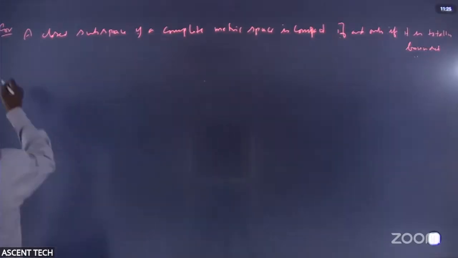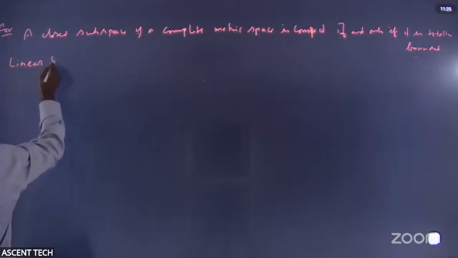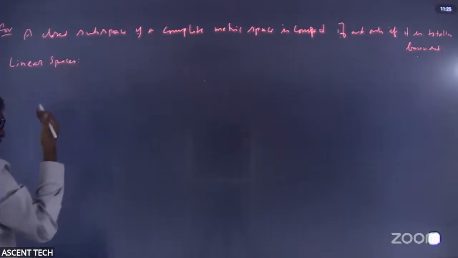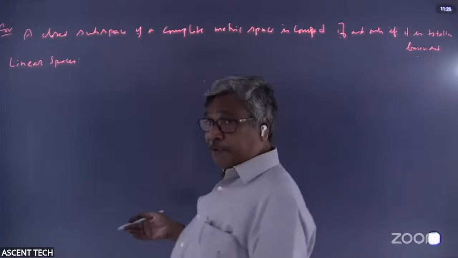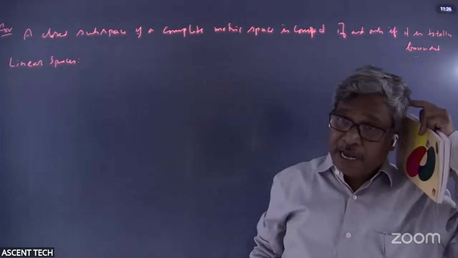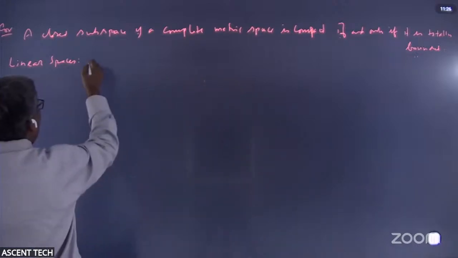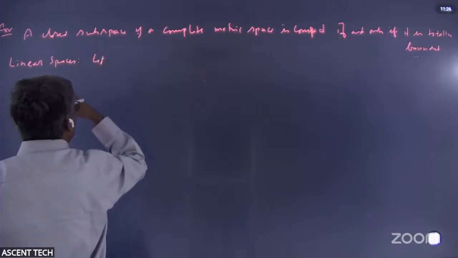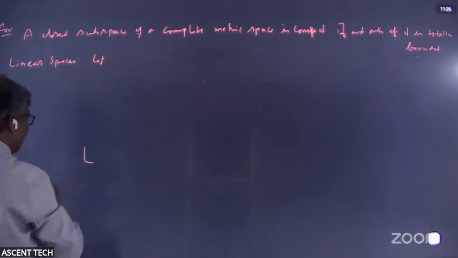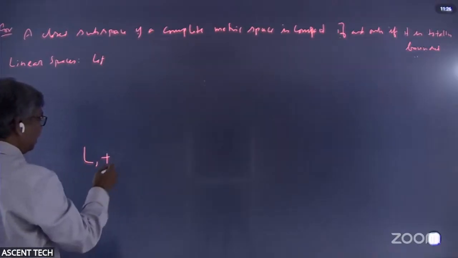Okay, here is the definition of a linear space. I don't want to do all these things, but maybe just a little bit. We'll take up a course in linear algebra altogether, then we can do it. Or maybe we take up a course in functional analysis. There we also do that. A linear space, what is that? A set L together with a binary operation addition and an external operation dot.